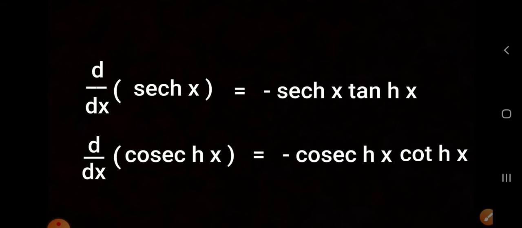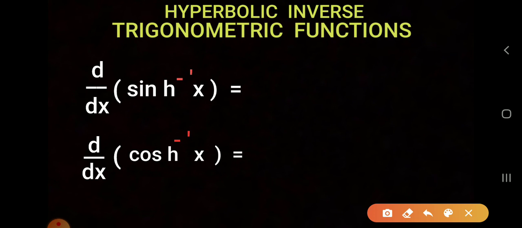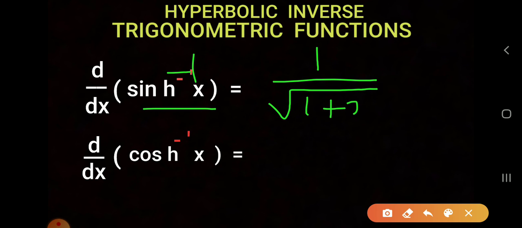The next one is hyperbolic inverse trigonometric functions. In that, the derivative of sine h inverse x is 1 by square root of 1 plus x square.